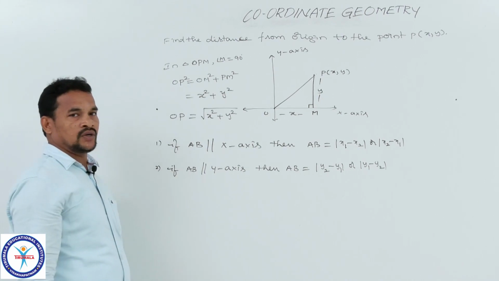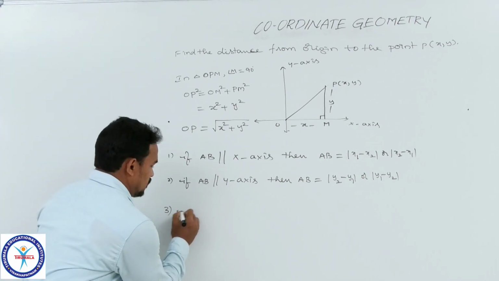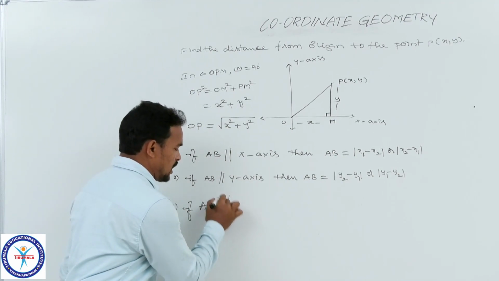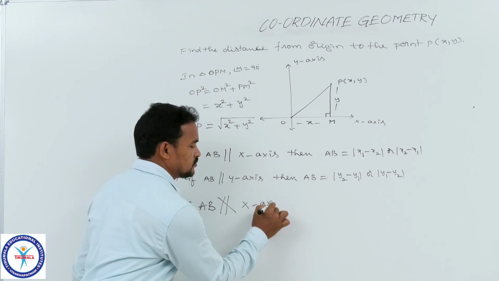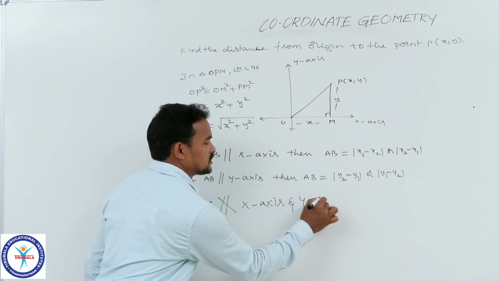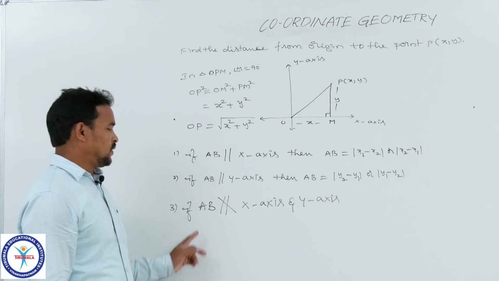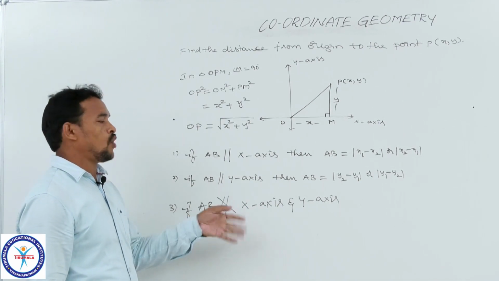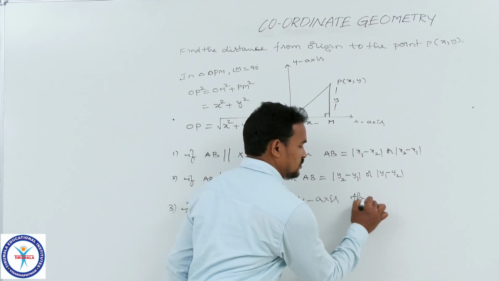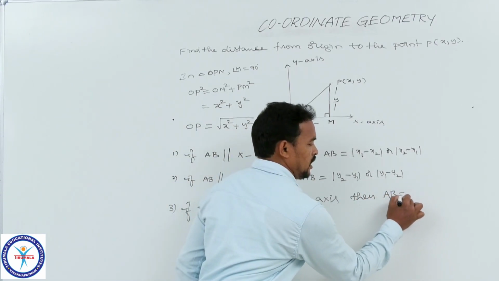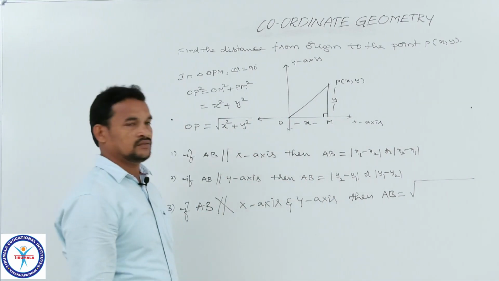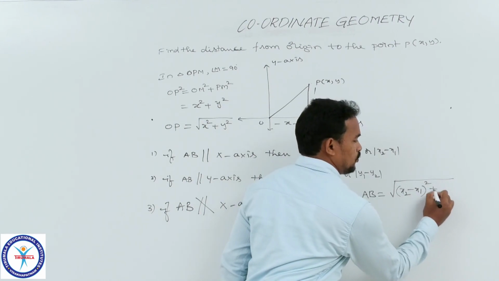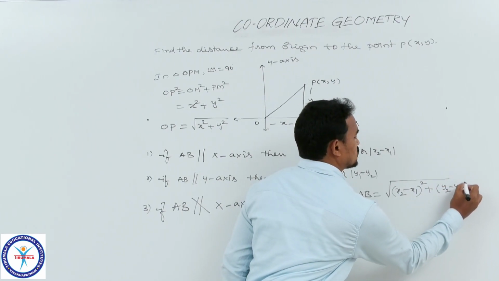If AB is not parallel to x-axis and y-axis, that is, not parallel to coordinate axis, then the distance from A to B is root over x2 minus x1 whole square plus y2 minus y1 whole square.